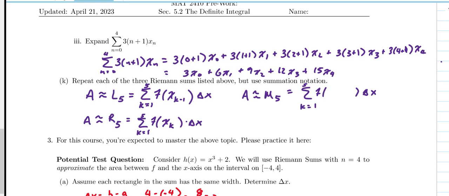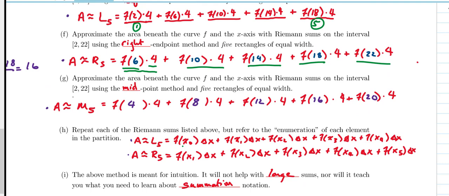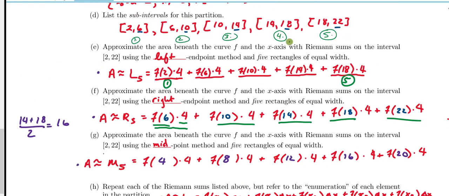Okay. And how did we find the midpoint before? Remember what we did was we took x of k minus 1 plus x of k, and we divided it by 2. We took the average of the two endpoints of that particular interval. So you can see that back if you go up to here, when I computed this midpoint right here, this was the midpoint for this fourth interval here.